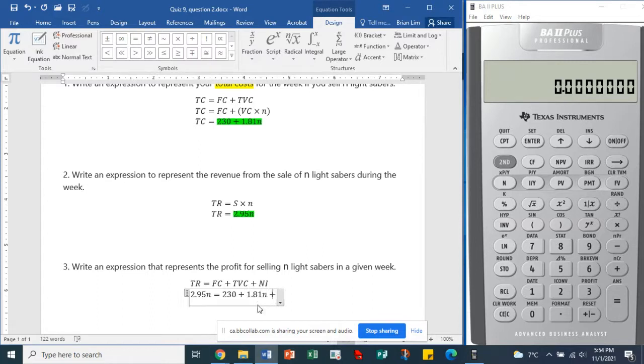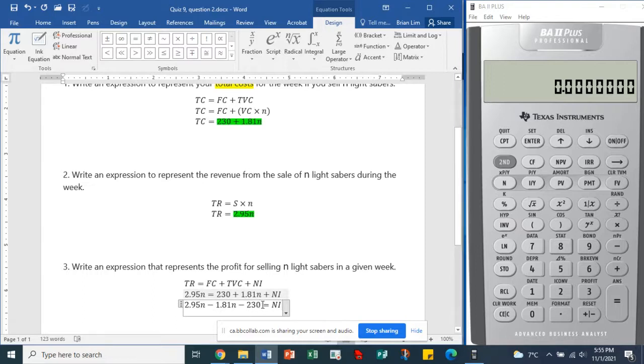Plus the net income. All right, so what will come after that? We can rearrange it and put it as 2.95 n minus 1.81 n minus 230 is equal to the net income.